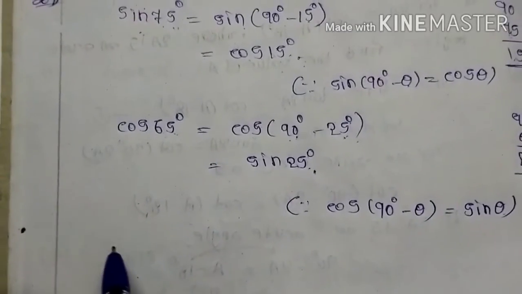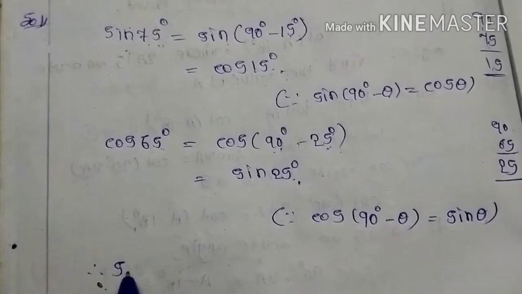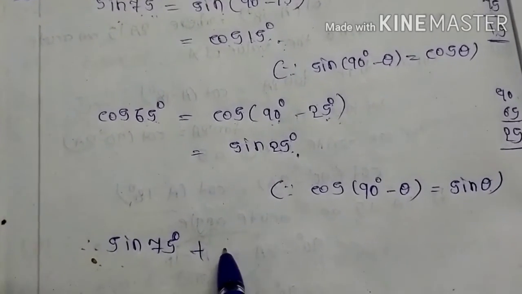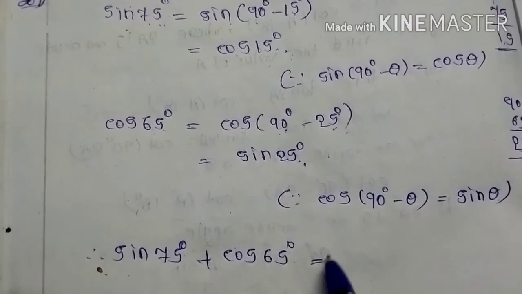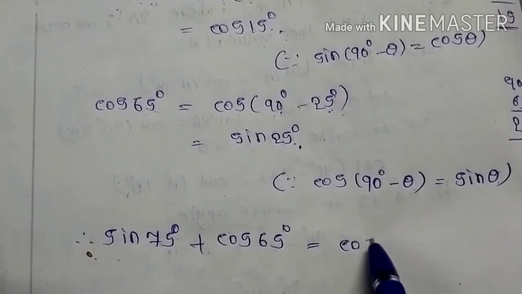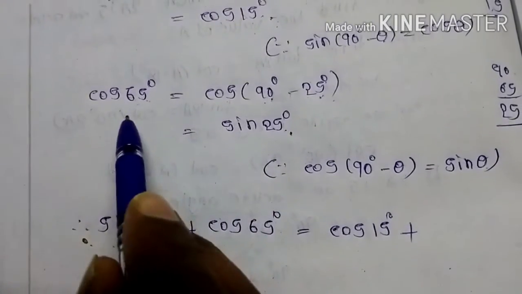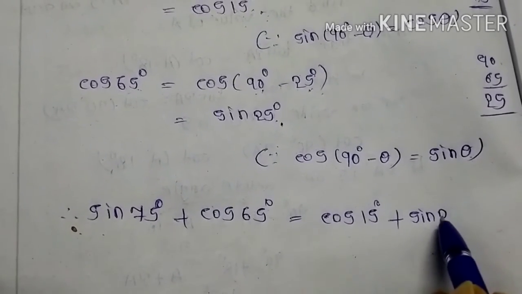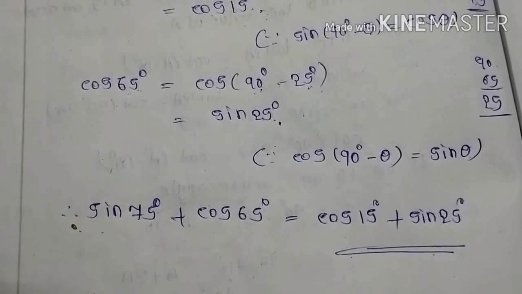So now you can write your combined result: therefore sine 75 degrees plus cos 65 degrees is equal to, sine 75 value is how much? Cos 15 degrees, plus cos 65 value is how much? Sine 25 degrees. This is your solution.